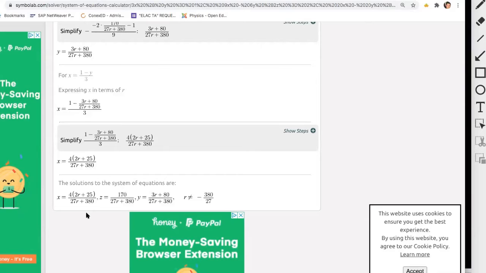I3 is 170 over (27r plus 380). Oh, it says R cannot be negative. Well, R cannot be a negative resistor anyway, so it doesn't matter, right?